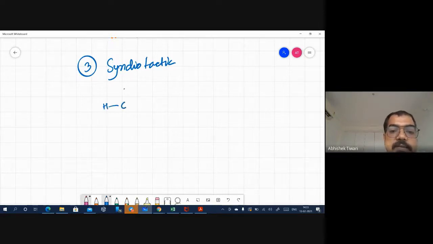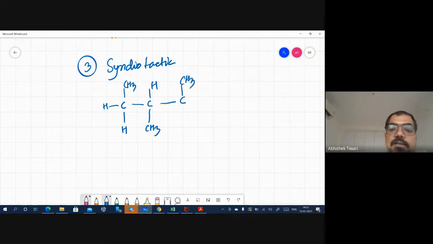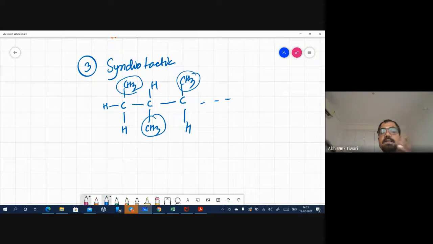So I will have CH3 here, hydrogen here, and then CH3 here, hydrogen here, CH3 there, hydrogen there, and so on. So you see, in the first mer, you have CH3 on the upper side, in the second one it's on the lower side, third one it's on the upper side. So this is another pattern which is being followed, and it is alternate. So this is called Syndiotactic.